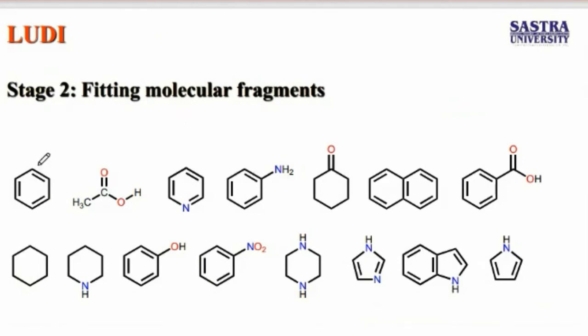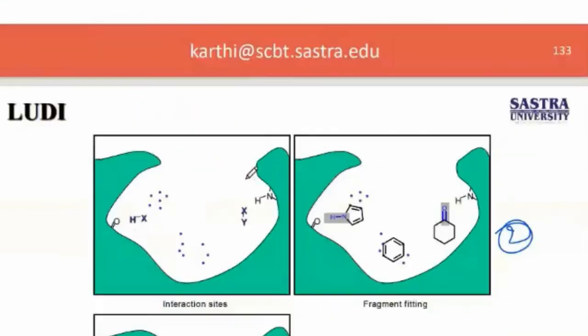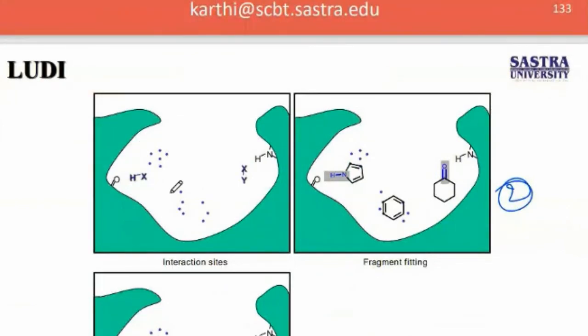This is called a fragment library. Each algorithm, commercial or free, has a different molecular fragment library. Depending upon synthetic feasibility and experience, they decide which fragments are suitable. Anyway, there will be many fragments, and each fragment will be taken and fitted inside the binding region identified in the first step.